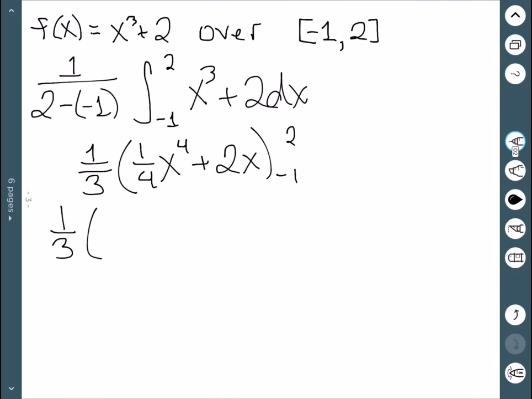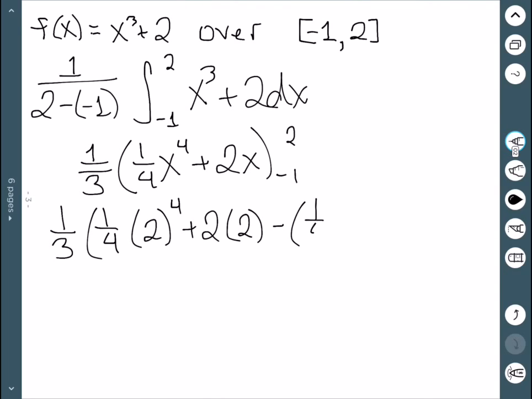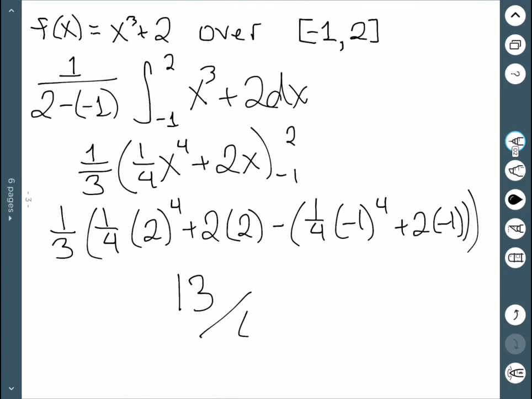So that gives me 1/3 times 1/4 times 2 to the 4th plus 2 times 2 minus 1/4 times negative 1 to the 4th plus 2 times negative 1. And when you work all of this out, you get 13 over 4. So the average value over this interval is 13 over 4.